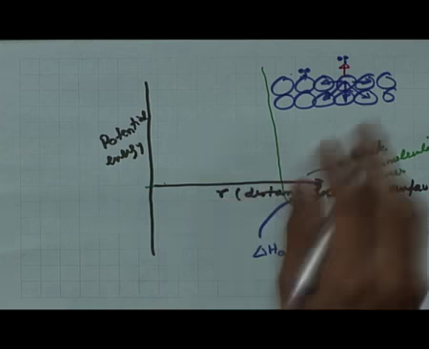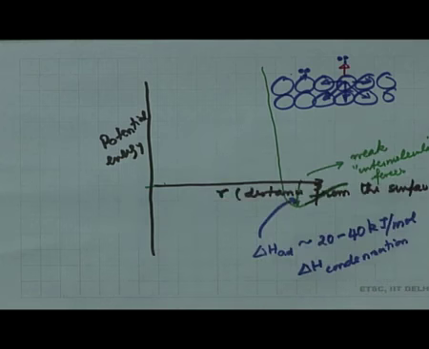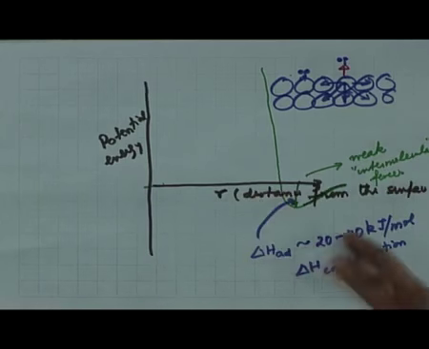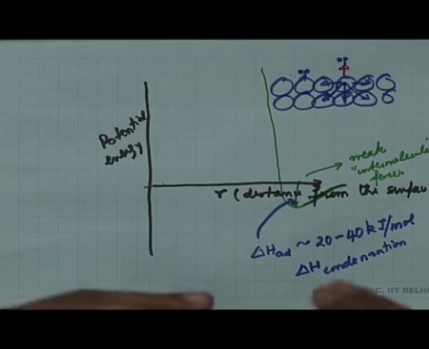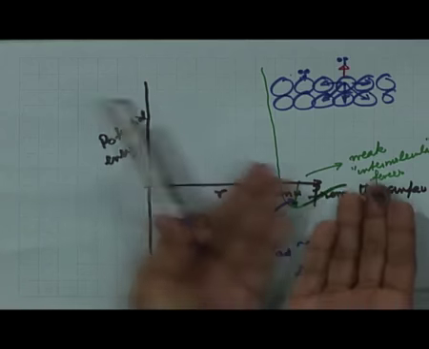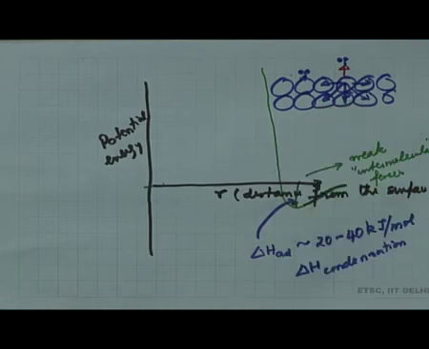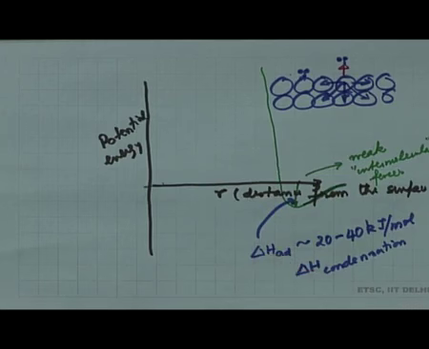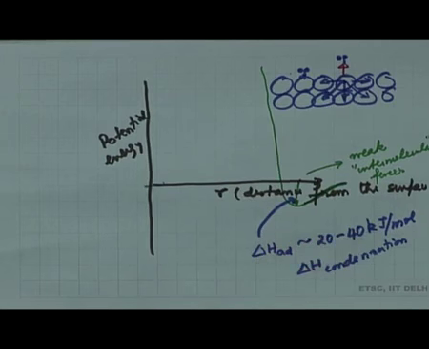It is of the same order as what you would see when you have delta H of condensation or vaporization. When you go from liquid to gas or gas to liquid, that process is also related to the weak intermolecular forces. So, you would imagine that this adsorption phenomenon here is similar to that.